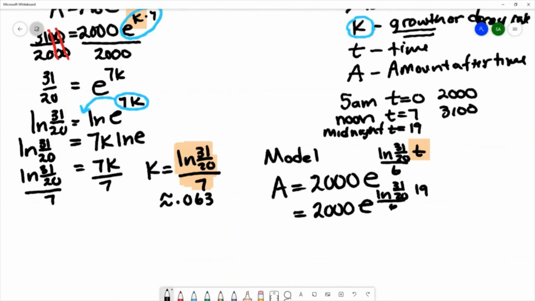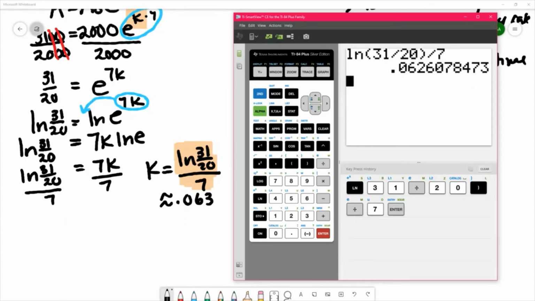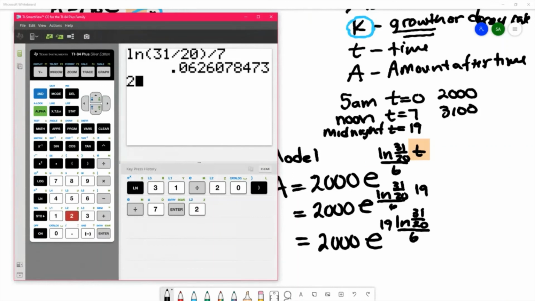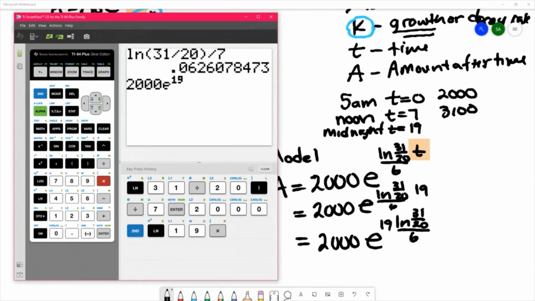And as I've said previously, I like to write that 19 in the front because there are fewer parentheses that need to be typed into the calculator that way. We'll type our expression into the calculator, 2000 e to the 19 times natural log of 31 over 20 over 7.